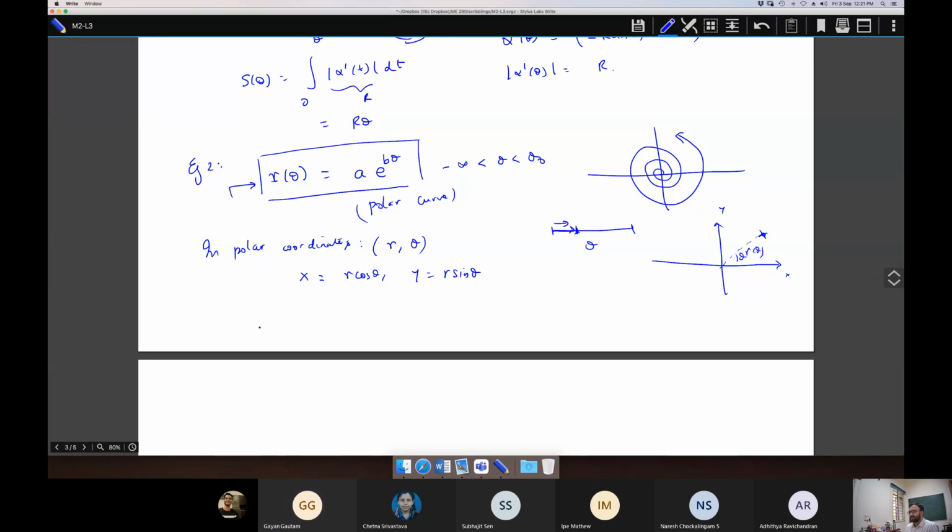Okay, sir. So what is alpha? Alpha of t equals... theta is the same as t, just choosing a parameter. Apply the same thing.